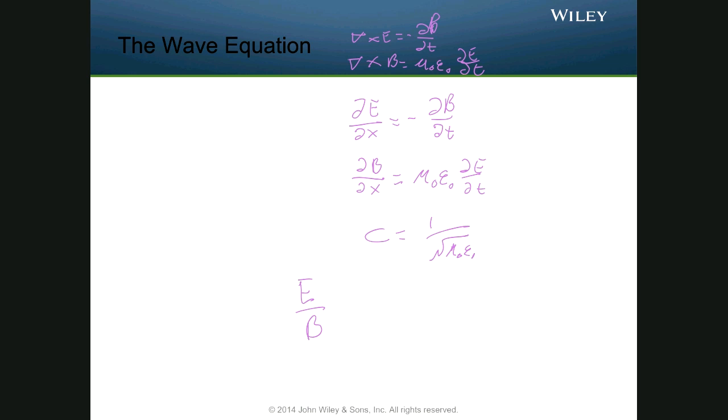When I looked at the next chapter, they just state this without proving it. So you can use the proof and see from here that E over B will be equal to 1 over C squared, I believe. Hold on.